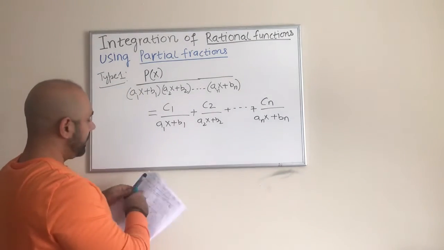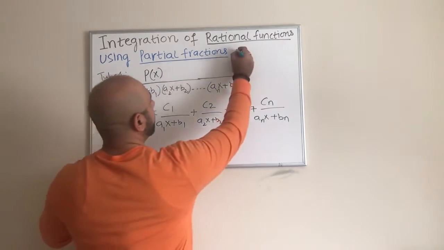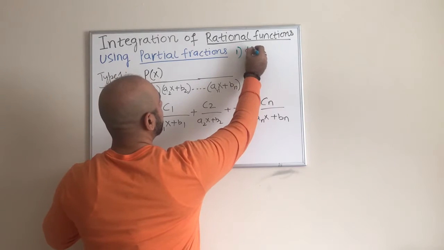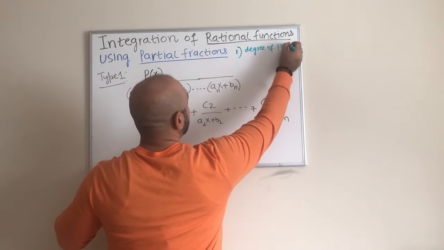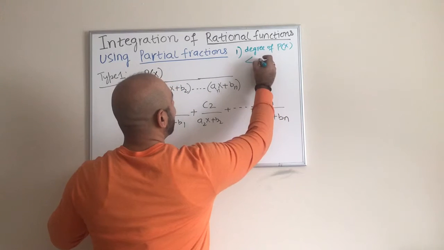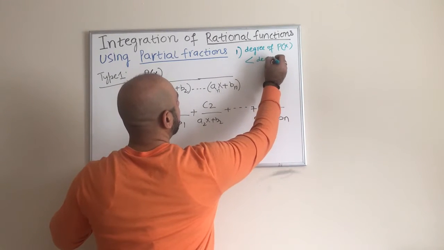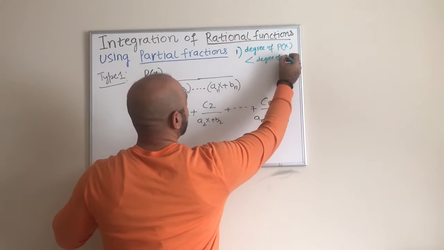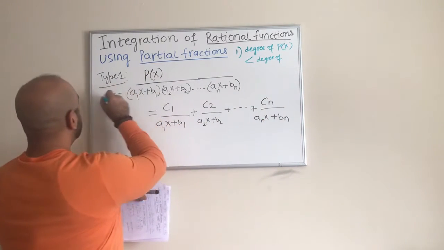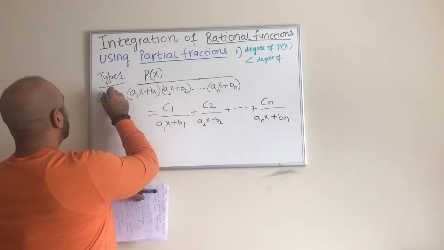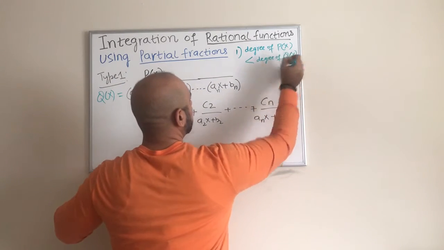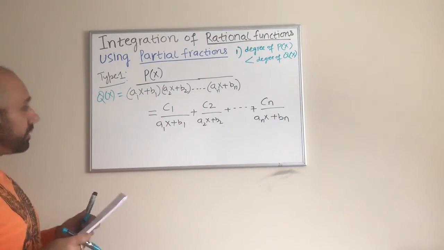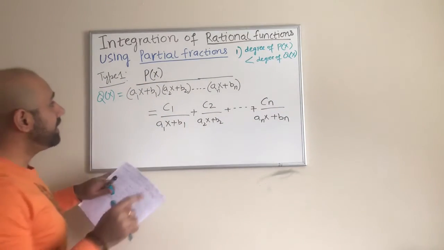Number one is that the degree of the numerator has to be less than the degree of the denominator, and let us call this q of x. The degree of the numerator has to be less than the degree of the denominator.